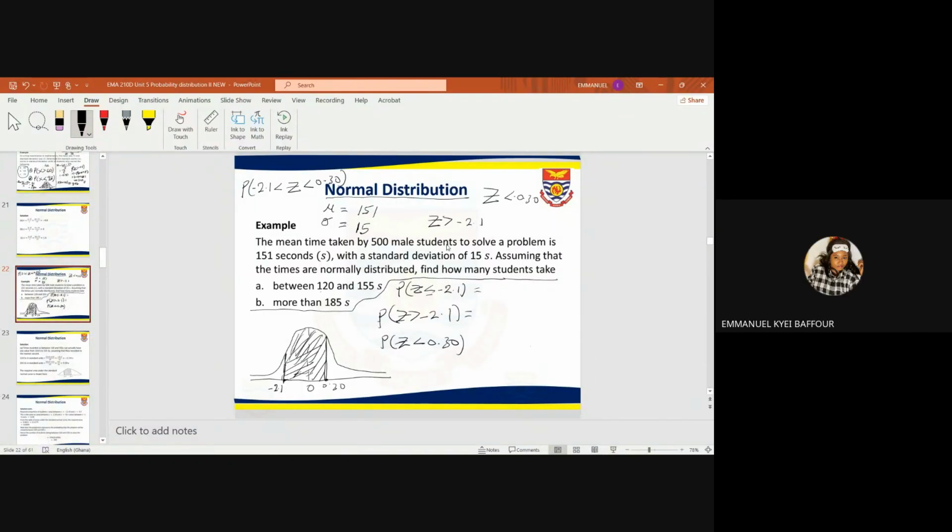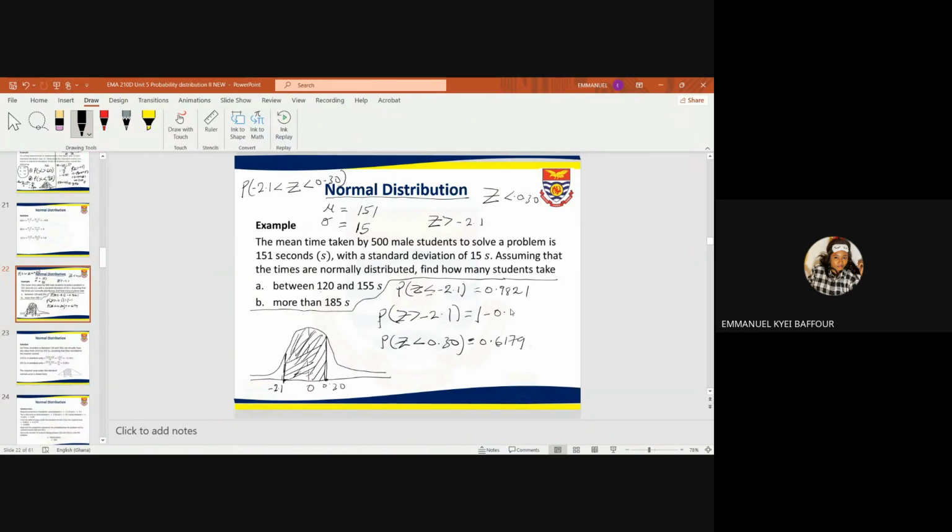Okay. So this gave us 0.9821, and this gave us 0.6179. Very good. So if we have the probability of Z being less than or equal to negative 2.1 being 0.9821, then the probability that Z will be greater than negative 2.1 will be 1 minus the probability of it being less than, right?